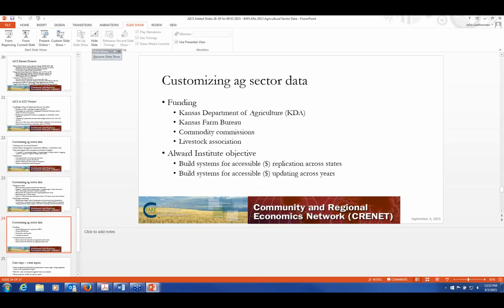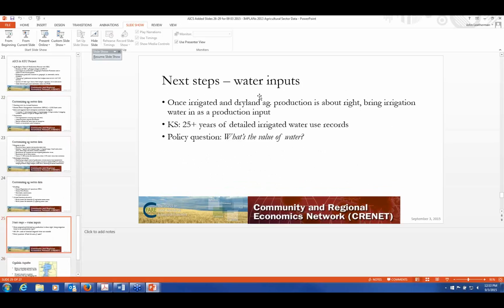But as far as I am concerned, it's really only a means to a greater end, because the next steps, and I haven't reached agreement with the Alward Institute to do this yet, but the next steps I would like to see are the ability to incorporate water inputs. Once we've got irrigated and dryland agricultural production about right, I'd like to bring in irrigation water as a production input.